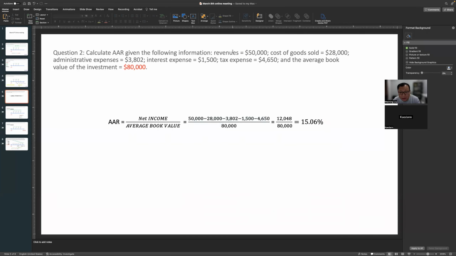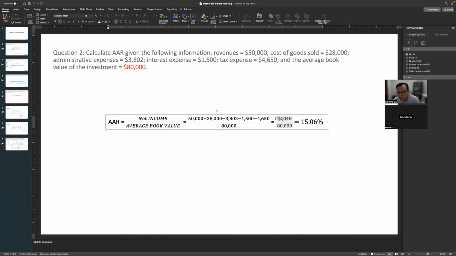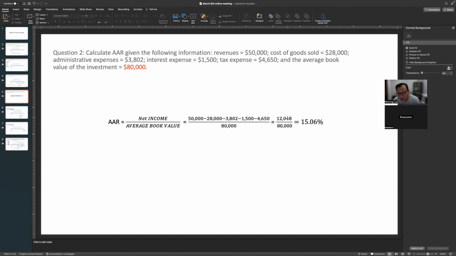So you have revenue minus cost of goods sold. That gives you the gross profit. And then you subtract the expenses, including admin, interest, and tax. So you figure out your net income is actually $12,048. And then you follow the formula, net income divided by book value.